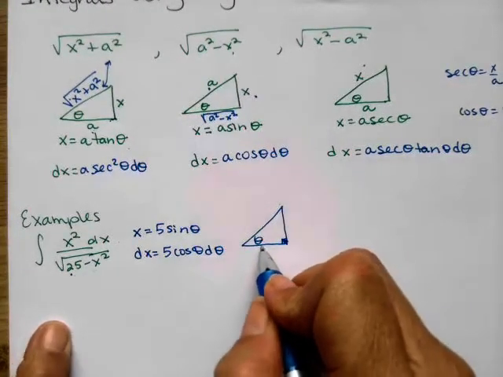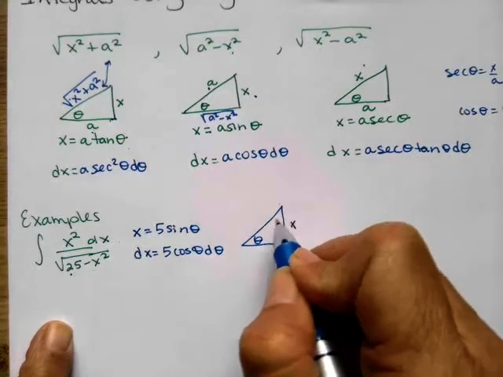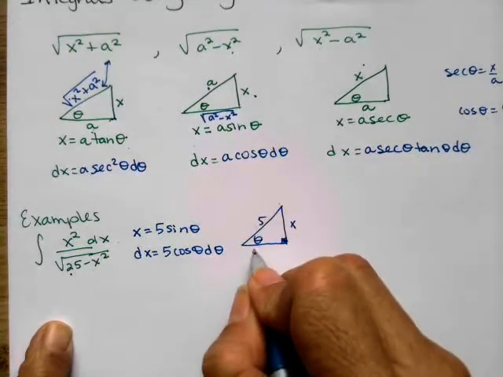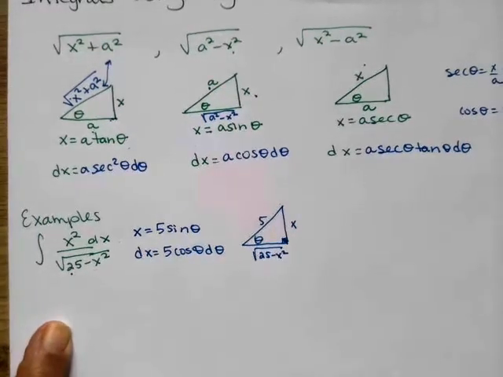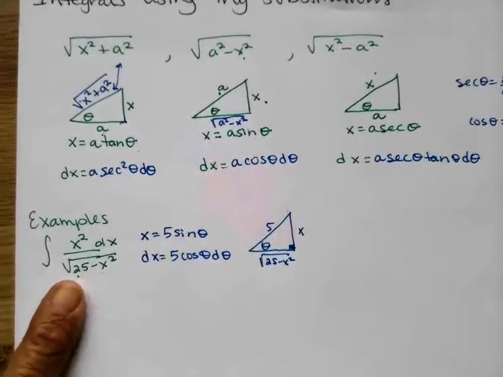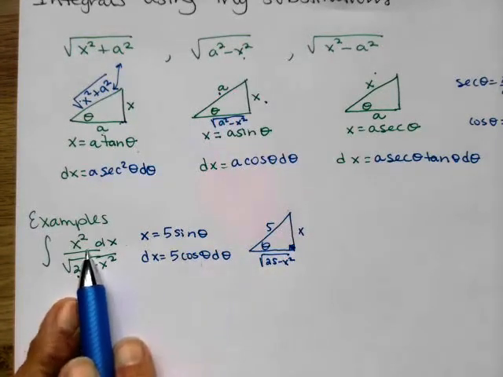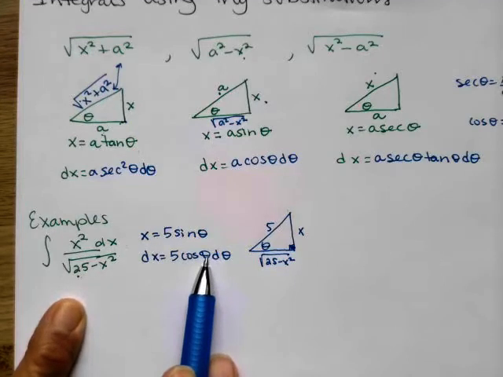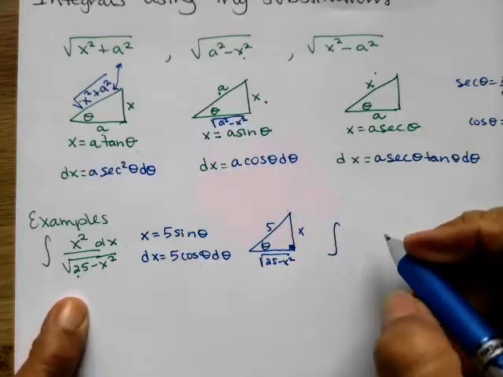So let's go ahead and label the sides of our triangle. So sine of theta is x over 5, missing side, the square root of 25 minus x squared. Okay, so I'm all set up. I'm ready to rewrite my integrand in terms of theta. So I'm just going to replace everybody with its substitution. So I'll do that over here, and then I'll come down because I think it's going to get quite big.